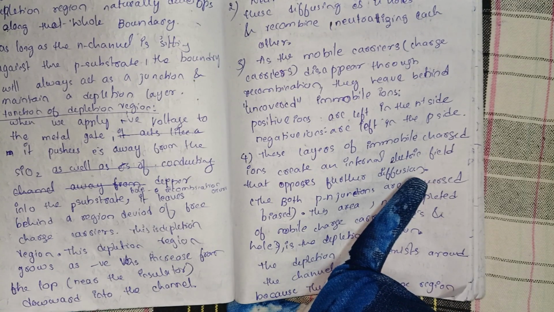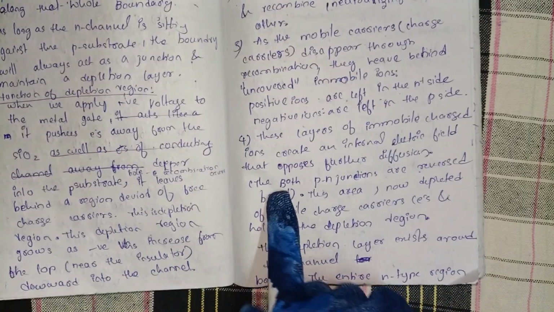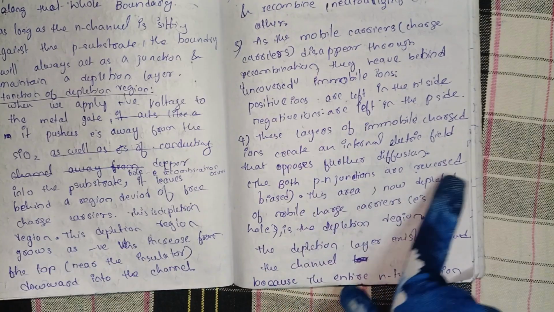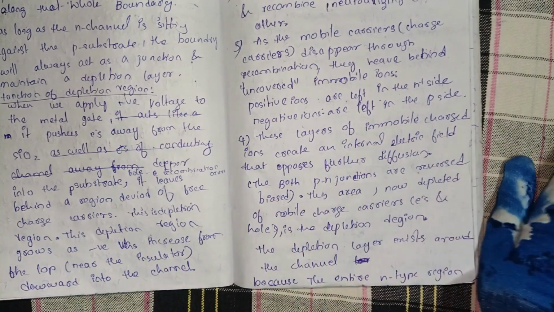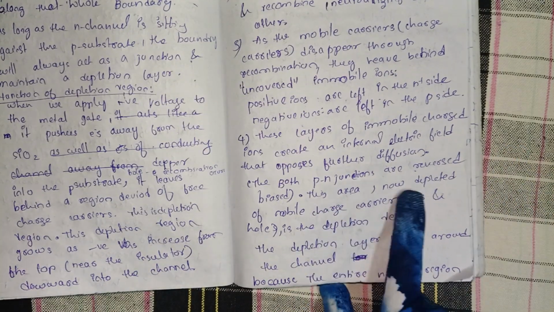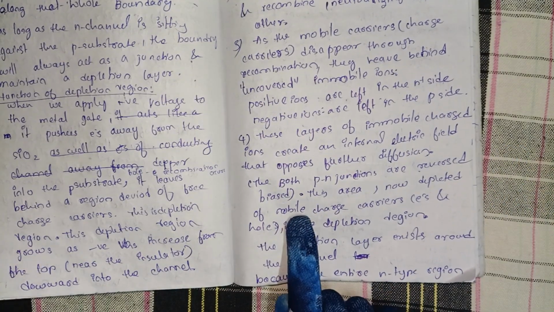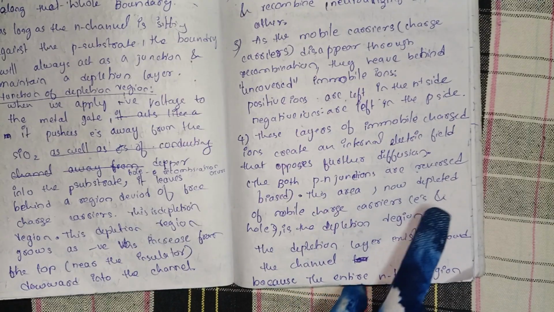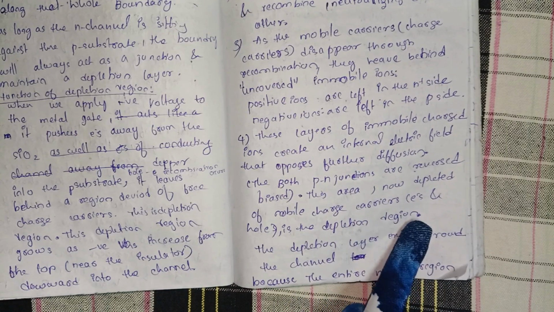Charge carriers, electrons into the p type material and holes into the n type material. Both p-n junctions are reverse biased, as we have seen. This area, now depleted of mobile charge carriers, electrons and holes, is the depletion region.